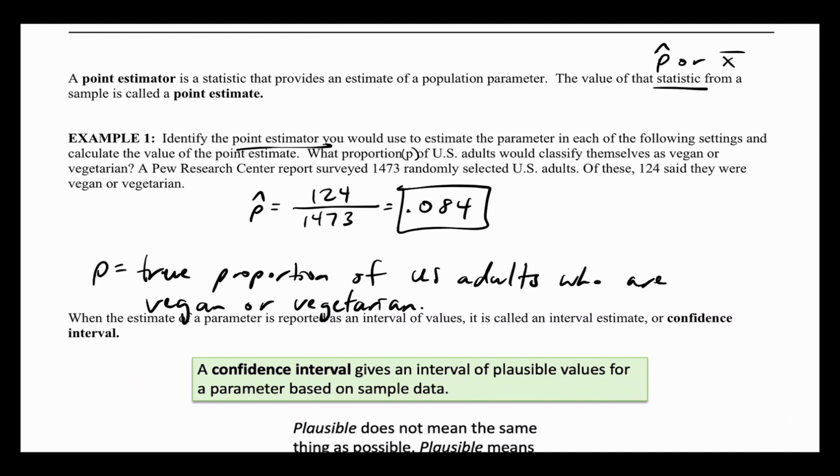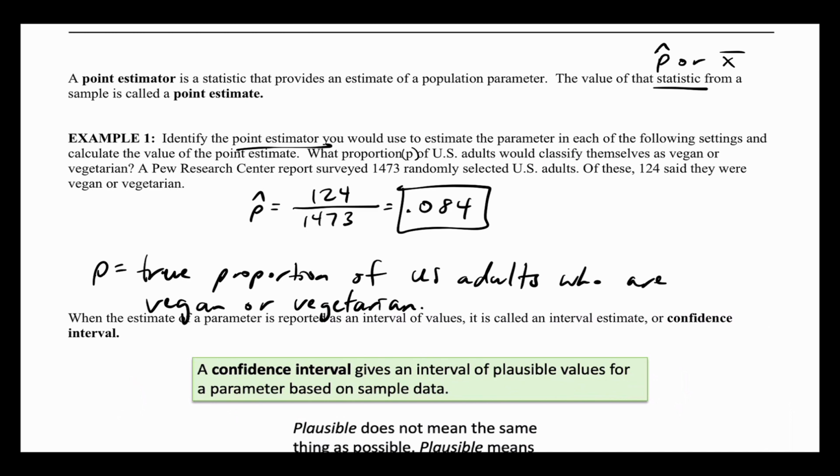If it's a proportion, it always starts out true proportion. If it's a mean, it'll start out true mean. They didn't ask us that, but it's good practice to do. True proportion of US adults who are vegan or vegetarian.